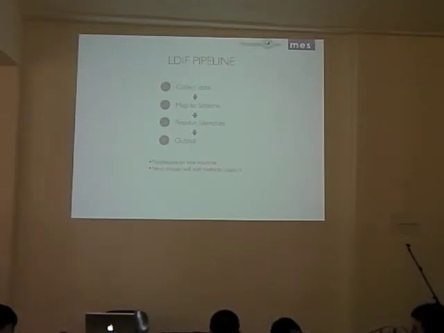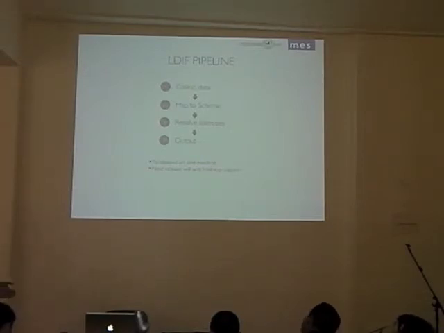Okay. So we combined this into a pipeline in order to support use cases like this. And it's basically run in 4 steps. Step 1 is collecting the data. Step 2 is mapping it to the local schema, so executing R2R.